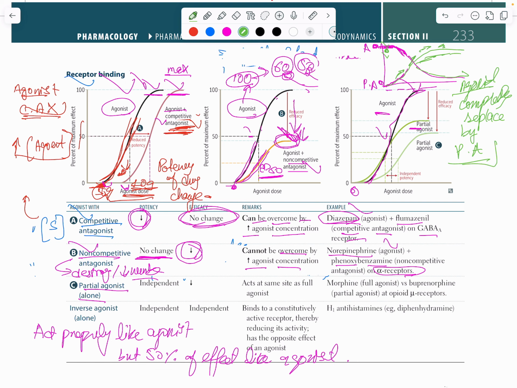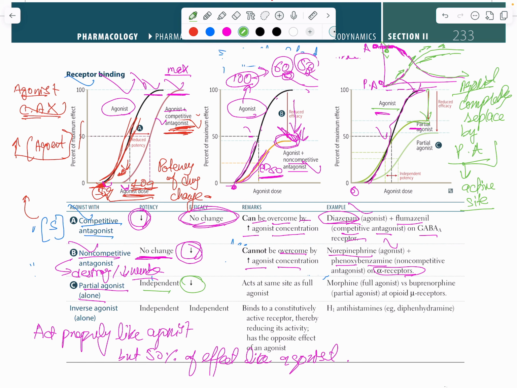Secondly, the partial agonist will be attached to the same active site of the receptor where the agonist attaches. I think it will be clear for you guys. So the partial agonist is independent of potency, but it will decrease the efficacy.